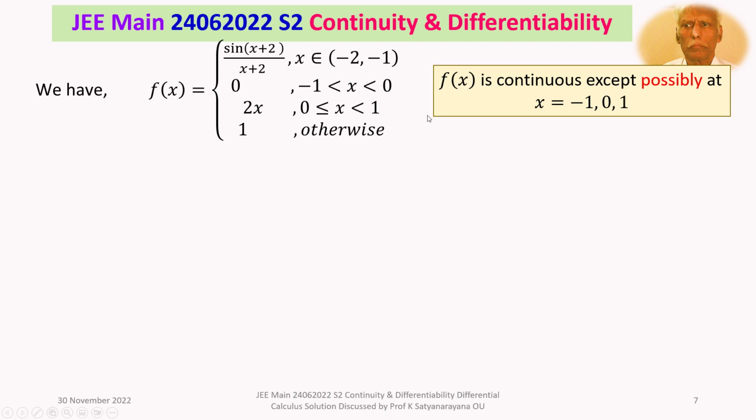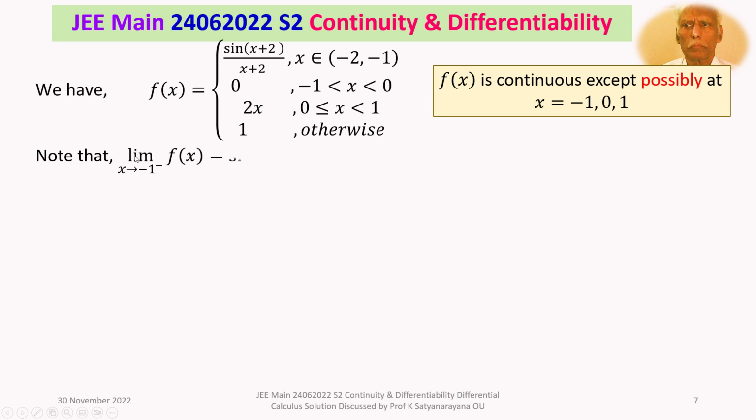So where these curves are connecting, is the continuity maintained or not? That's the question. So it is continuous everywhere except possibly at x equals minus 1, 0, 1.